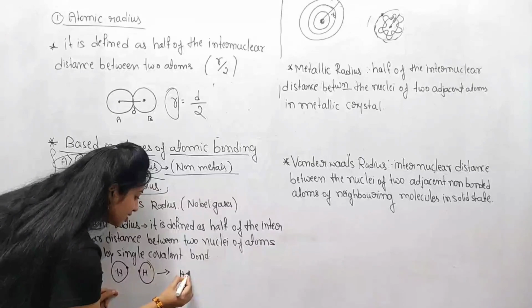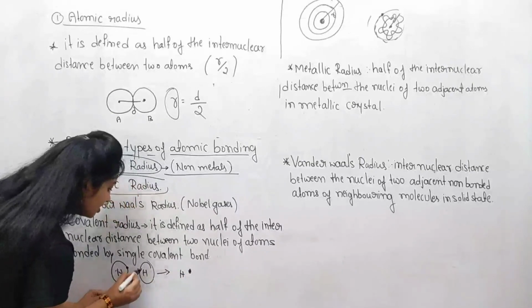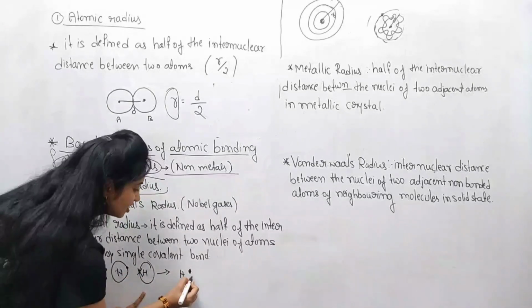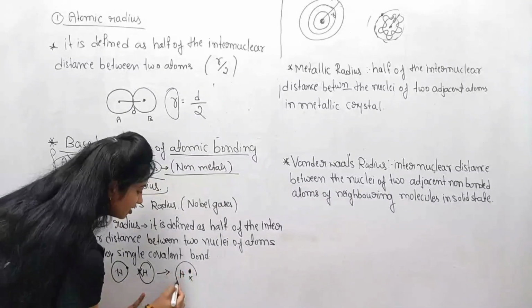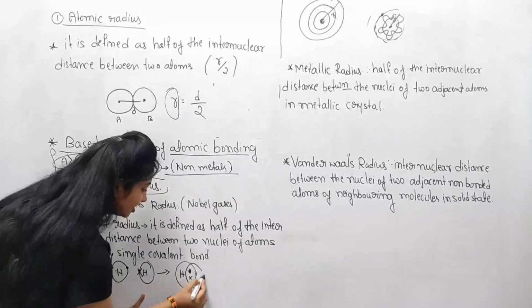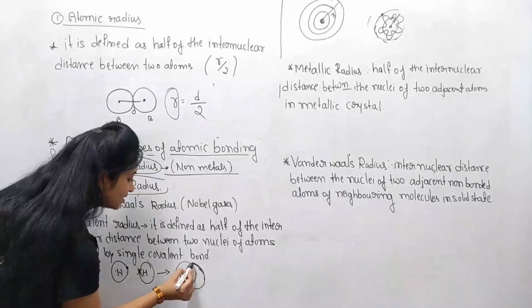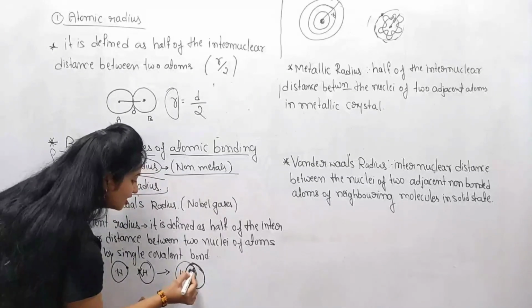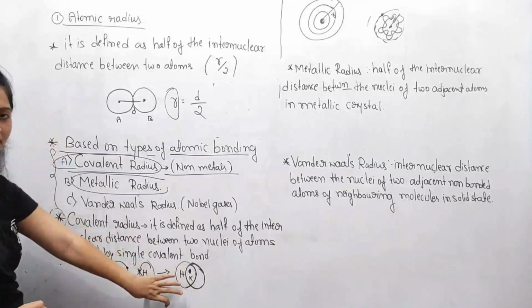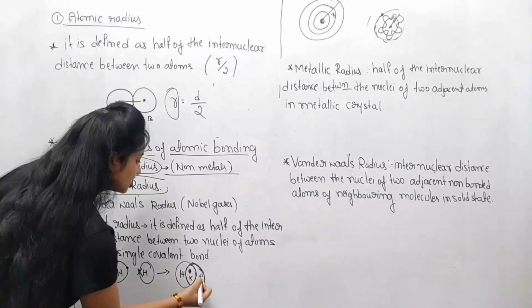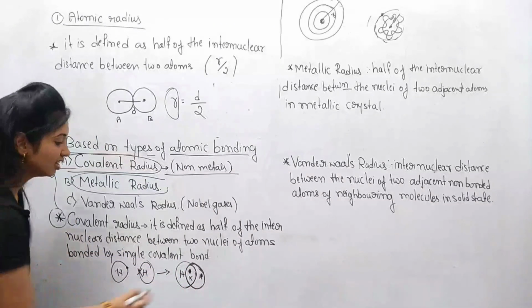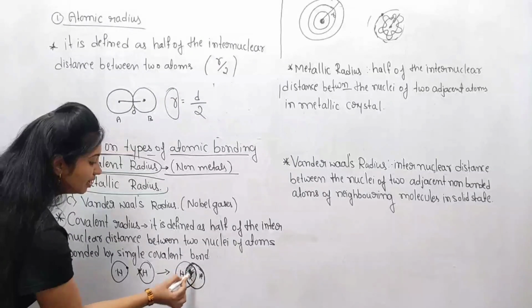This hydrogen shares the bond with this hydrogen. So like this, the atoms overlap each other. By overlapping and by sharing of electrons, the covalent bond will be formed here.